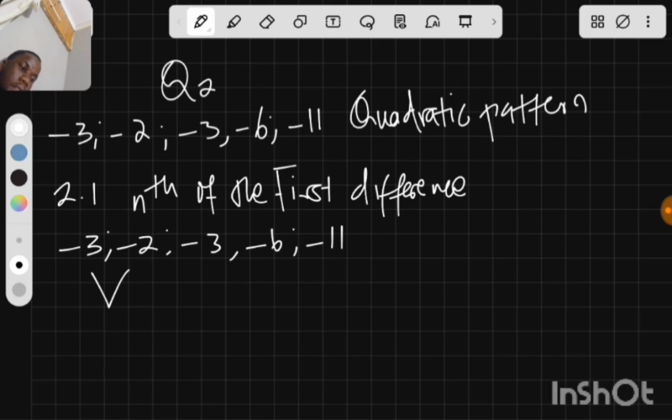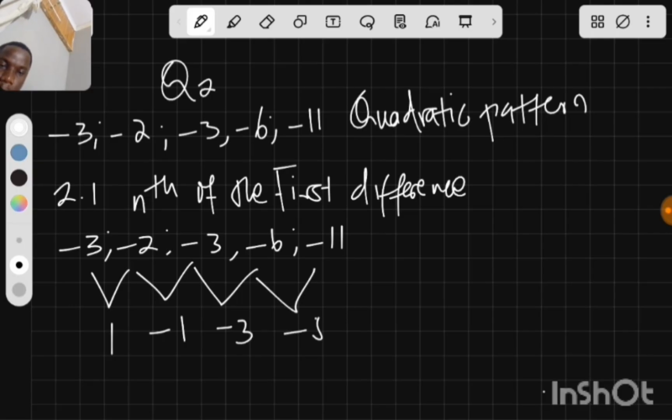Minus 2 minus 3 gives you positive 1. Then minus 3 minus 2 gives you minus 1. Then minus 6 minus 3 is minus 3, which is minus 5. I hope you understand.